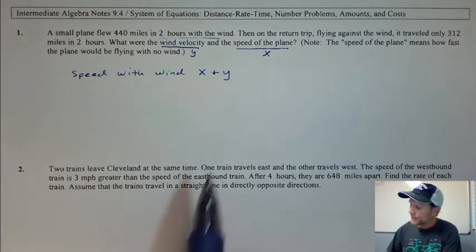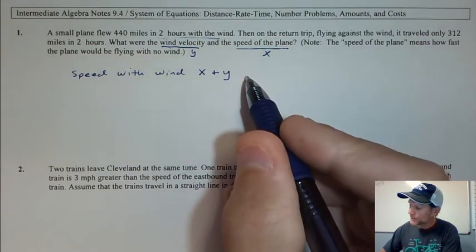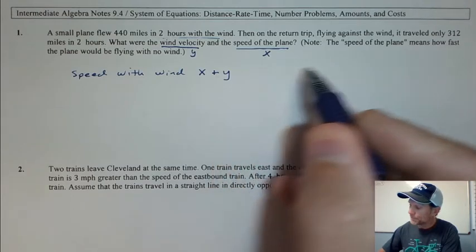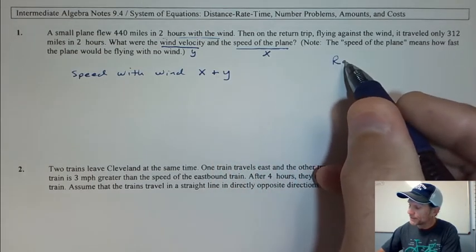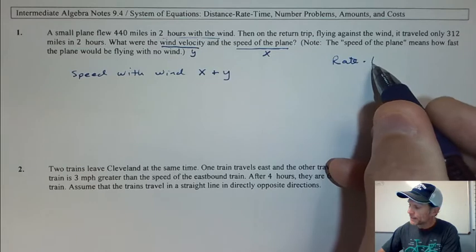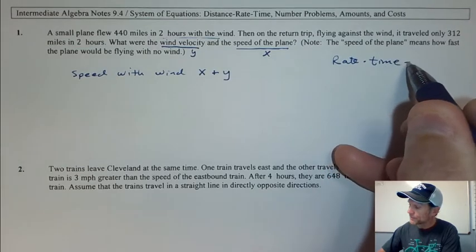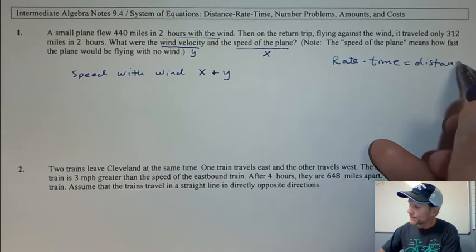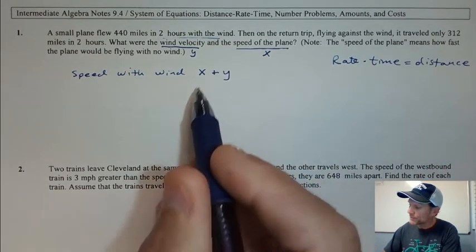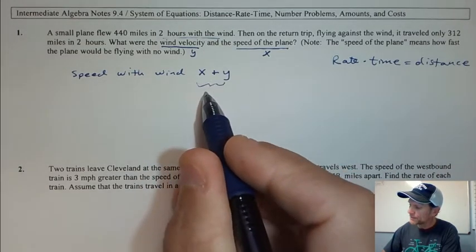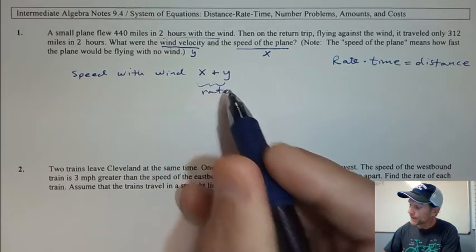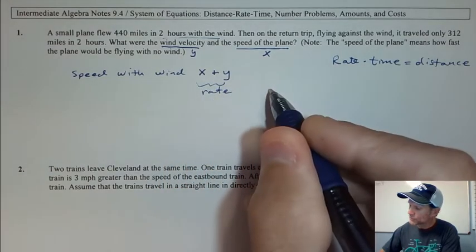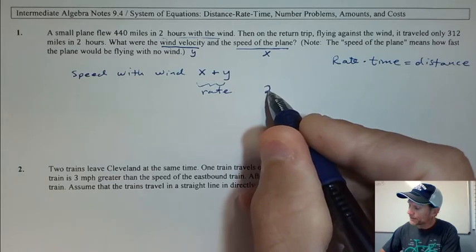Okay. Now what we also know is that rate times time equals distance. So we have the rate, which is this, and it travels for 2 hours at that speed.